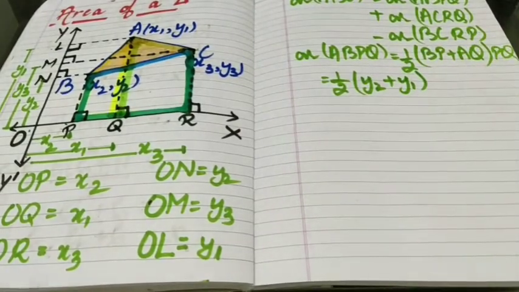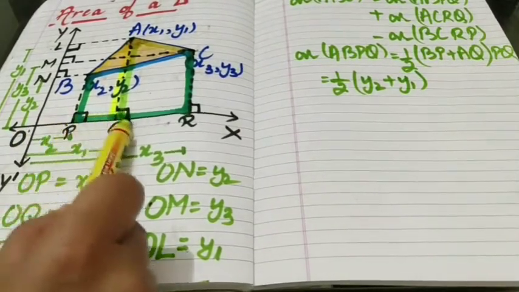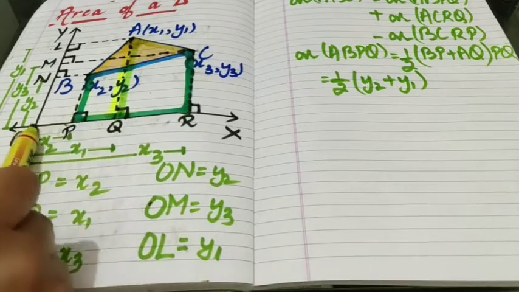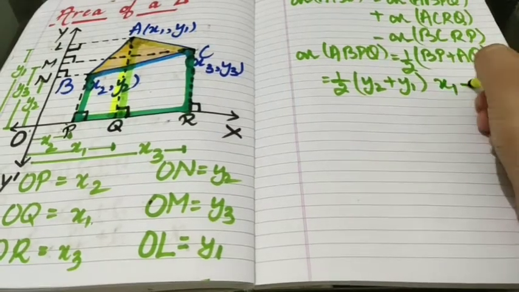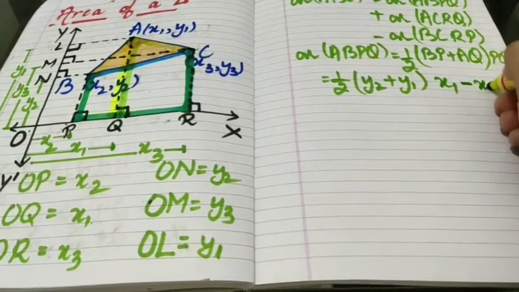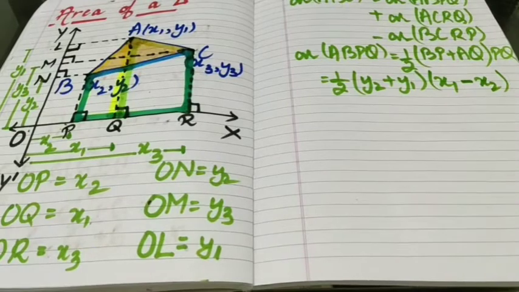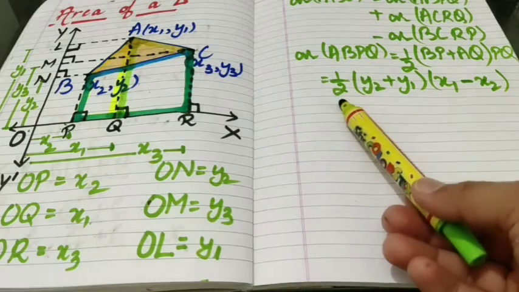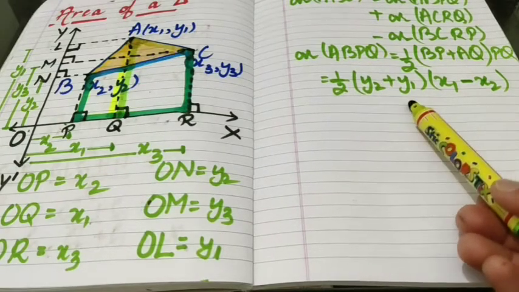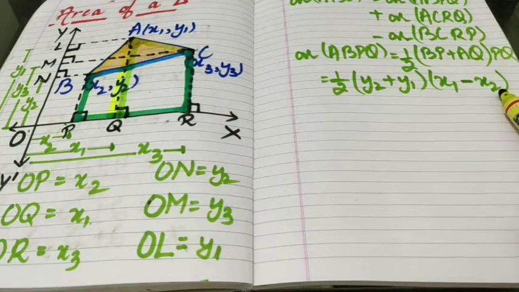And PQ equals OQ minus OP, where OQ is x1 and OP is x2. So the area of trapezium ABPQ equals half into y2 plus y1 into x1 minus x2.